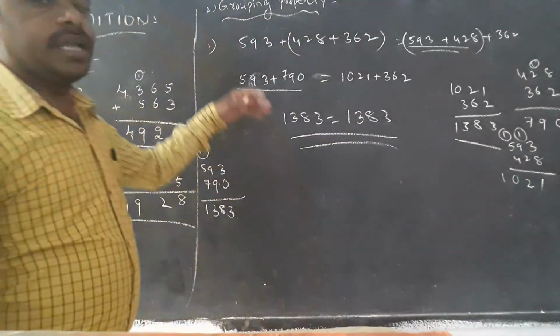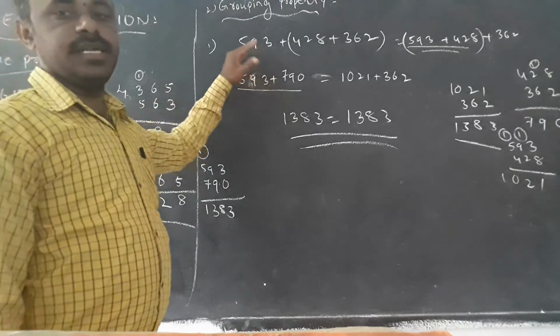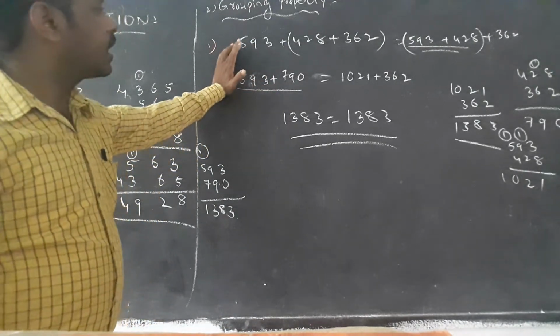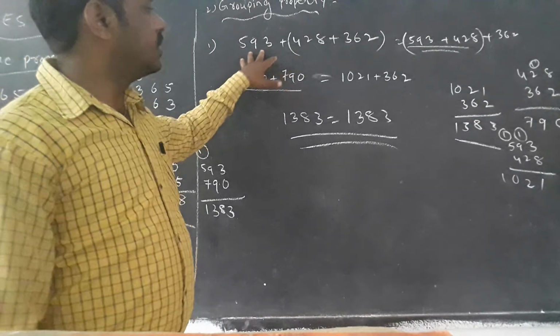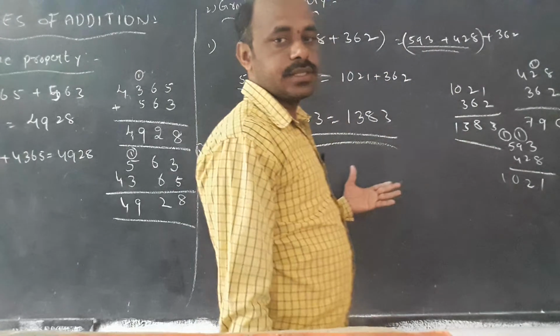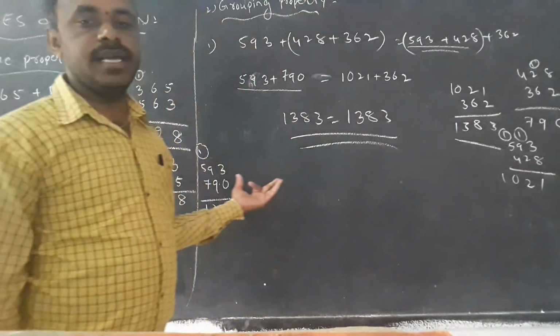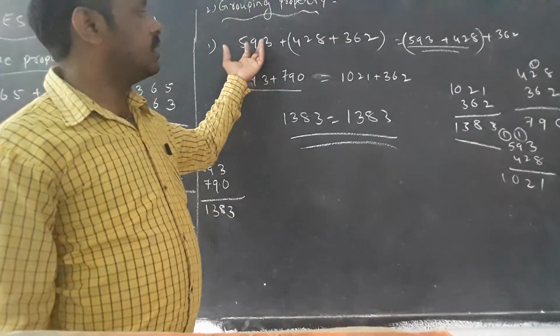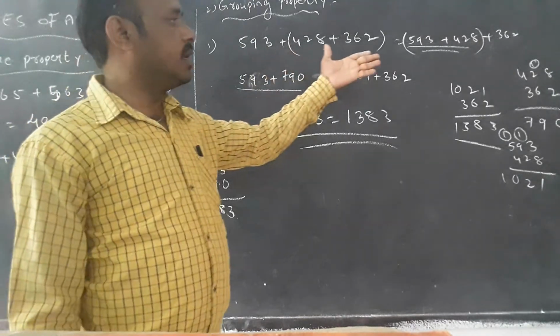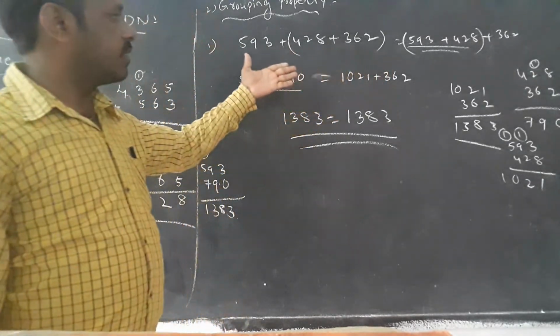This means whenever we add more than two numbers and change the order, the final sum is the same. We wrote the same 3-digit numbers on the right side of the equal symbol, then on the left side.